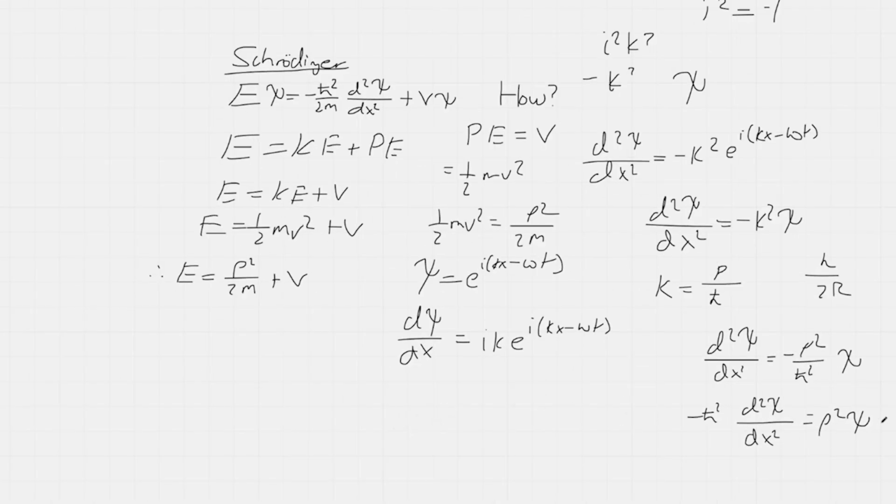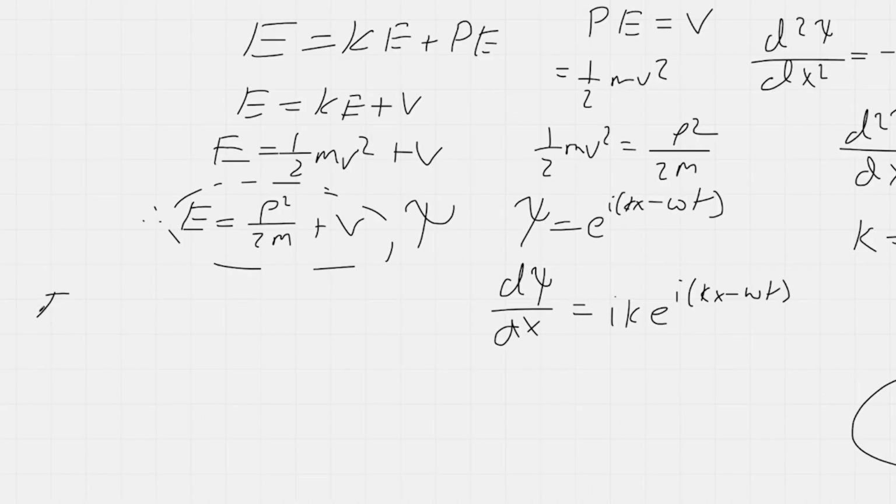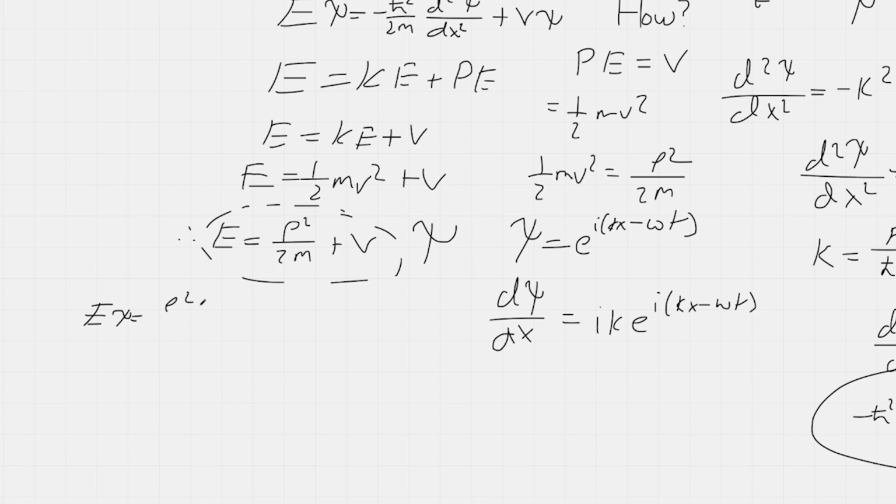So given this, we're going to multiply every single term in this equation by psi, and you'll see where that takes us. We get E psi equals p squared psi over 2m plus V psi.